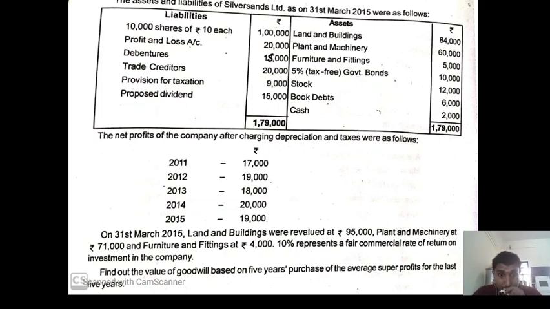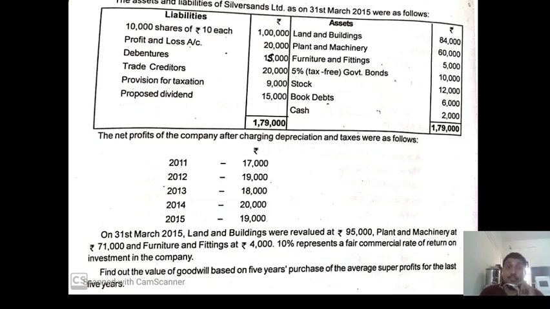There are a number of years, 2011, 12, 13, 14, 15. The most recent year is 2015. That is the current year. So the current year profit is rupees 19,000 as given, right? From this 19,000 also we have to reduce this 5% on 10,000. That is to say, 500 rupees must be deducted.